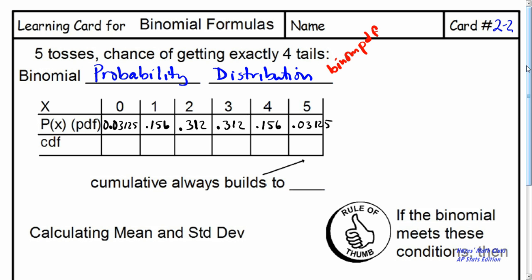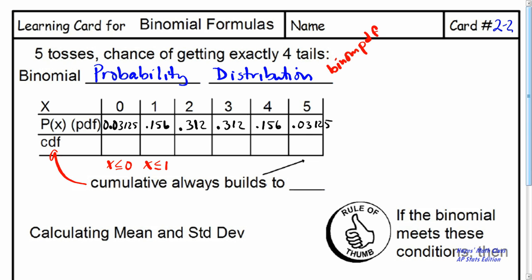Now, CDF is a cumulative distribution. That means, for example, this is saying x is less than or equal to 0. This is x less than or equal to 1.